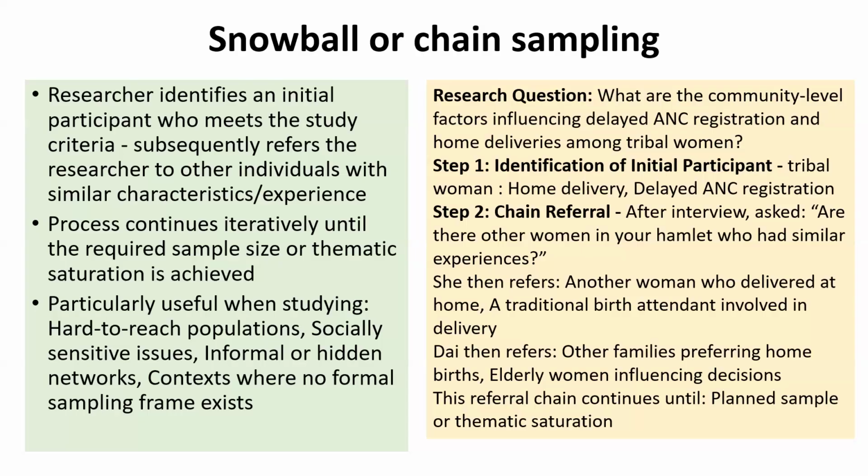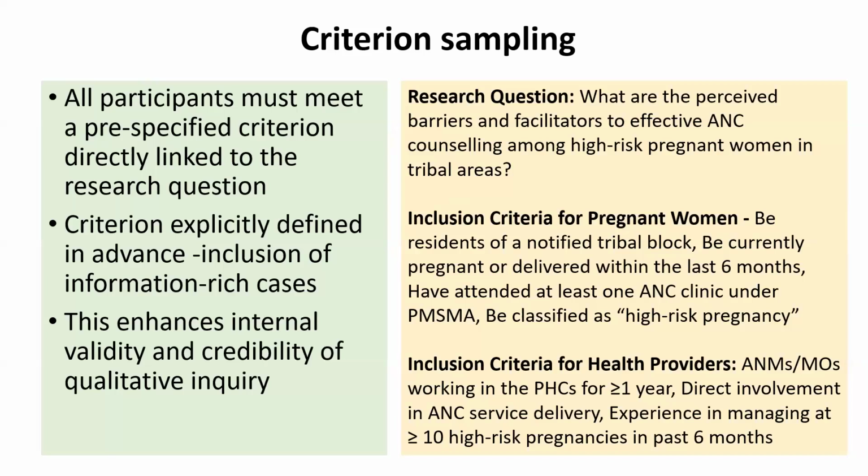So you go and interview those women, and you keep on getting more numbers in your sample as you identify more and more women who are directly or indirectly contributing to home deliveries in that particular village. That is snowball sampling.